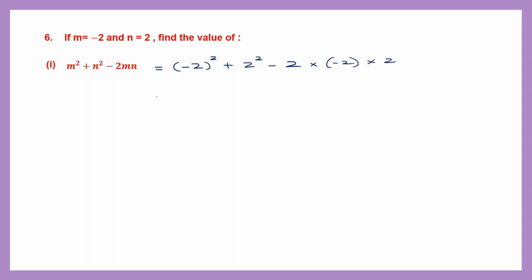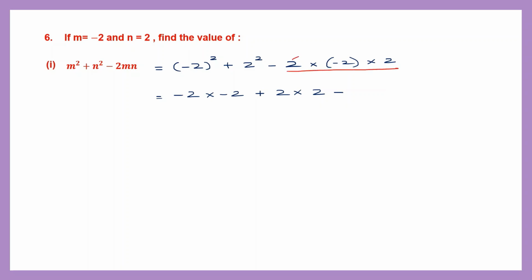So now let's expand all these. So minus 2, the whole square means minus 2 into minus 2 plus 2 square is 2 into 2. Now this we can work out. Okay, let's write minus and let's work out this whole thing. 2 into minus 2 into 2.